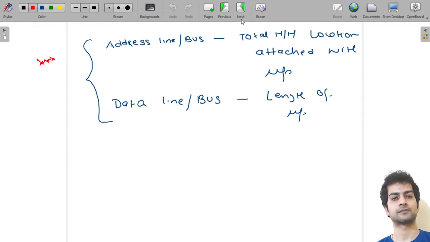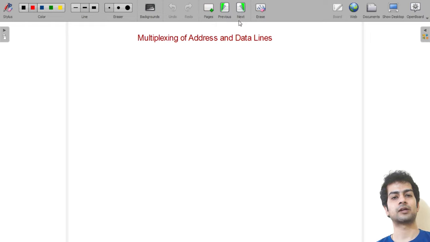So now we will come to multiplexing of address and data lines. So see students, till now we have discussed some terms and many theory concepts. Now we are going to come into the execution part, that is, how exactly instructions are executed in the microprocessor.